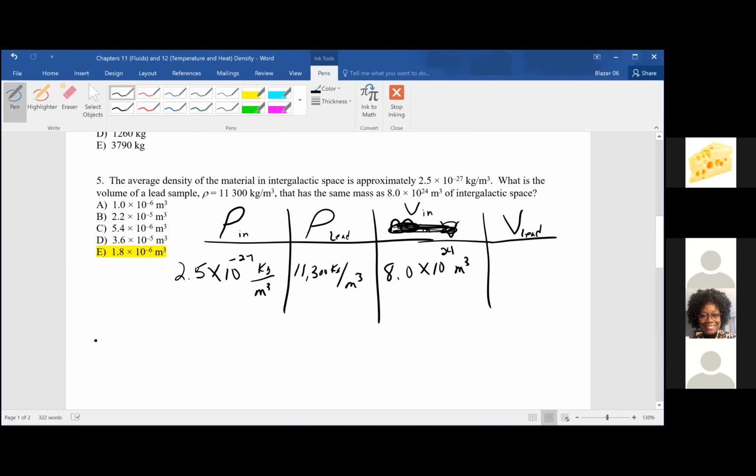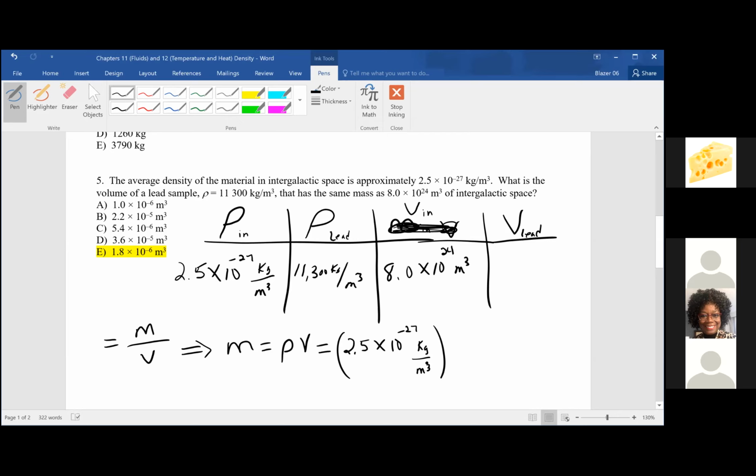Okay. So we know that the equation for density is mass per unit volume. And this implies we can find the mass if we know the density and the volume, which we know. So we have our density is 2.5 times 10 to the minus 27 kilograms per meter cubed.